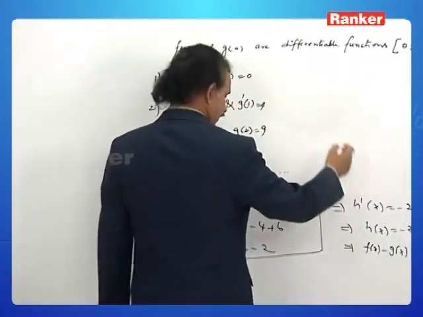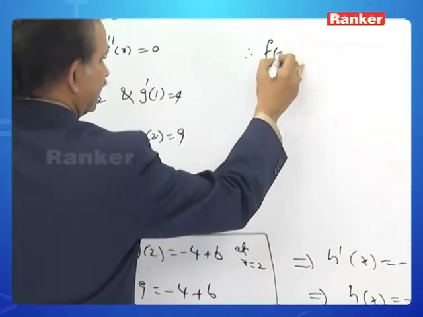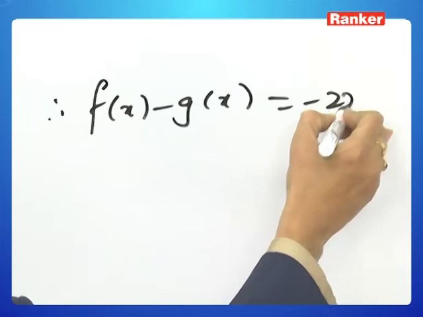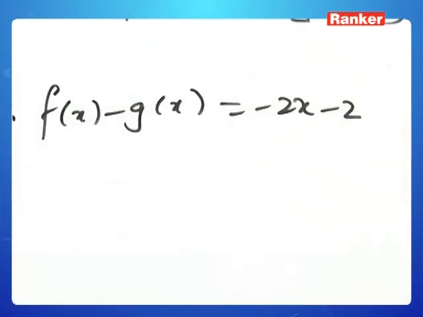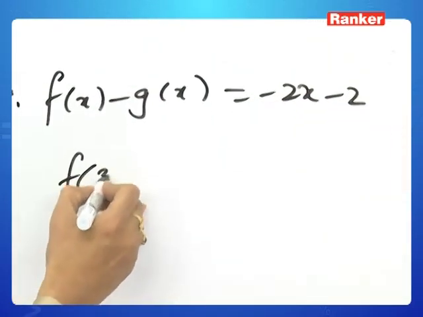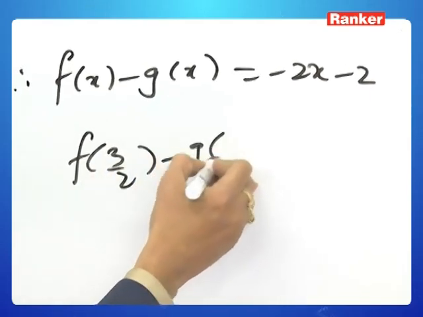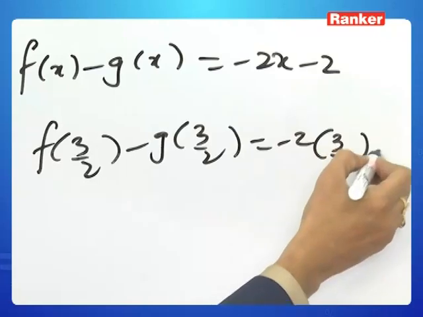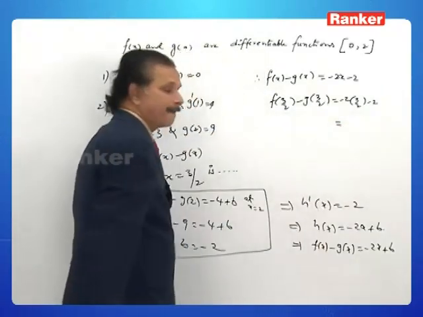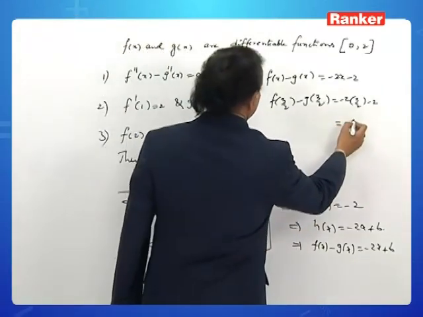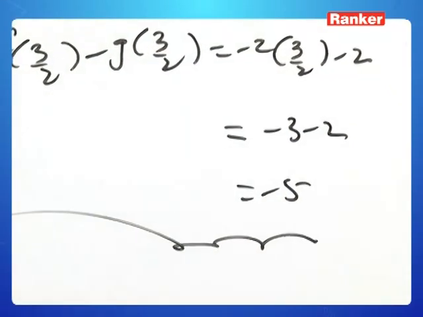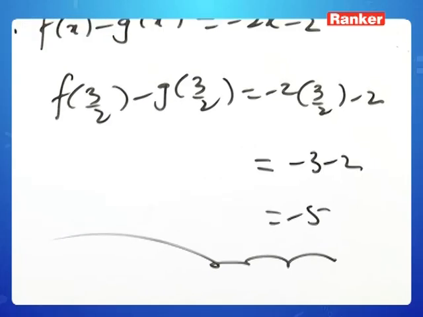Therefore, f of x minus g of x is equal to minus 2x minus 2. But we want 3 by 2. f of 3 by 2 minus g of 3 by 2 is equal to minus 2 into 3 by 2 minus 2. Minus 3 minus 2 is minus 5. That is the required answer.